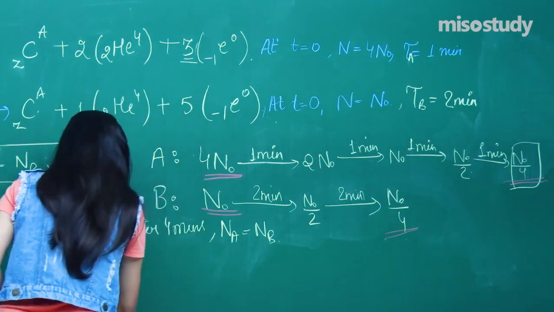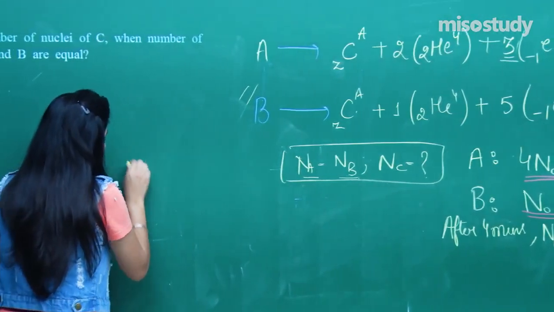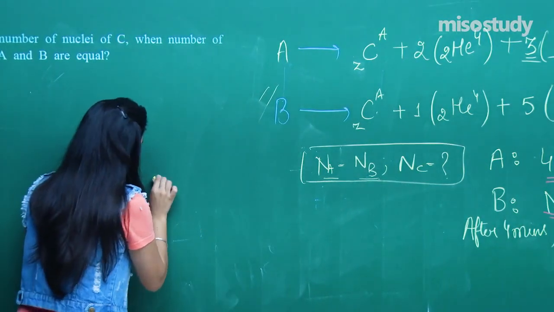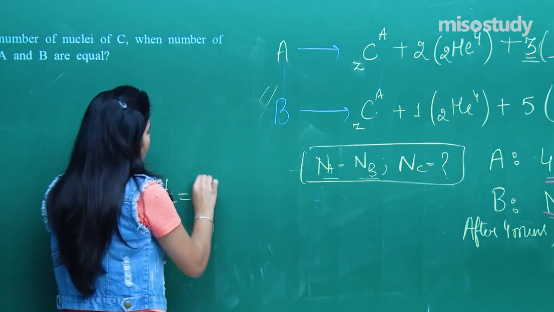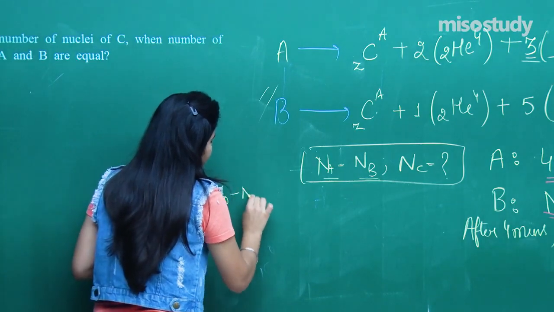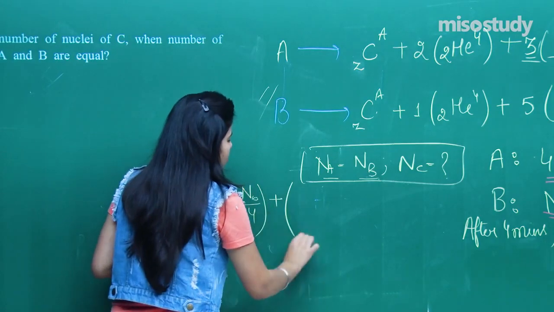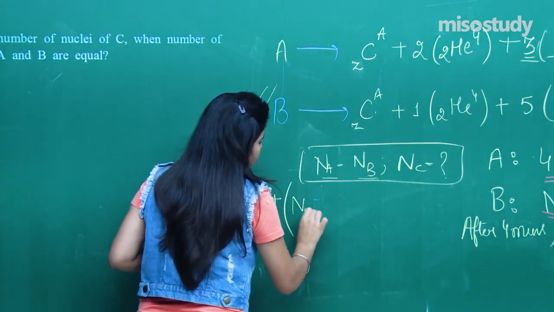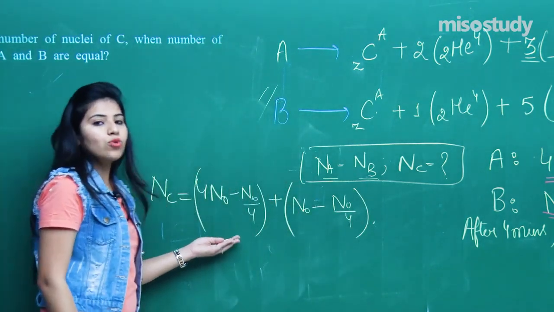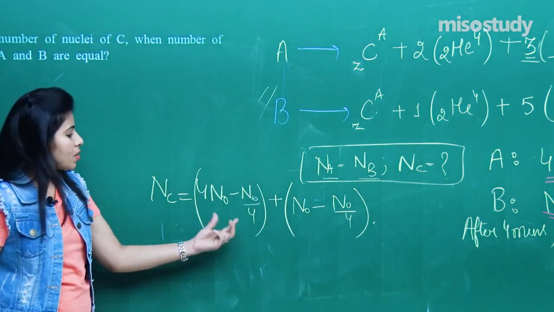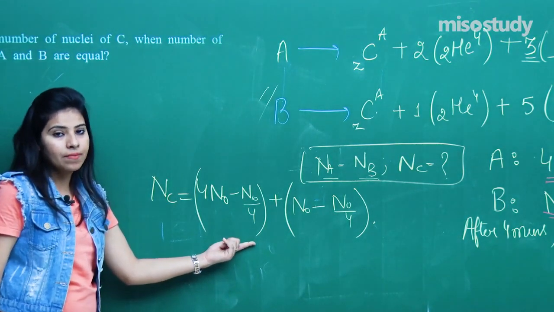So let me write over here: Nc would be, for A, 4 N0 minus N0 by 4, plus for B, N0 minus N0 by 4. This will be the number of nuclei of C. This is the total number of atoms that has decayed in the case of A.